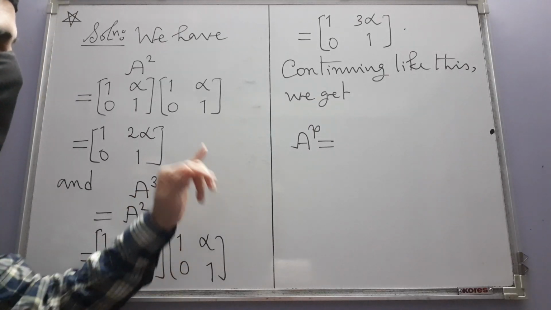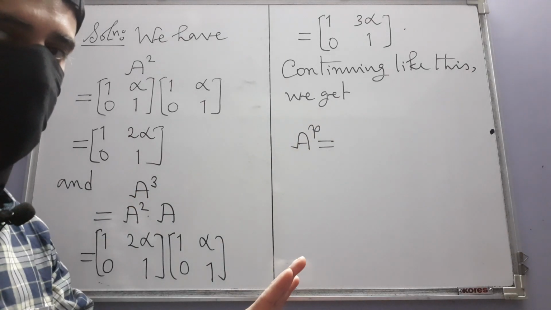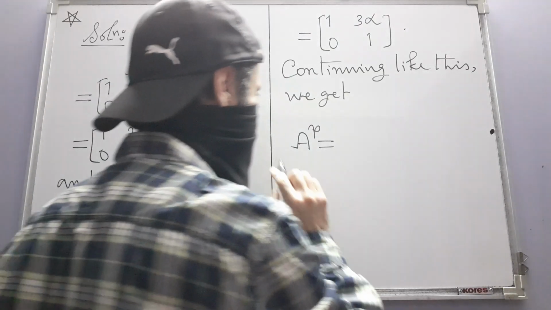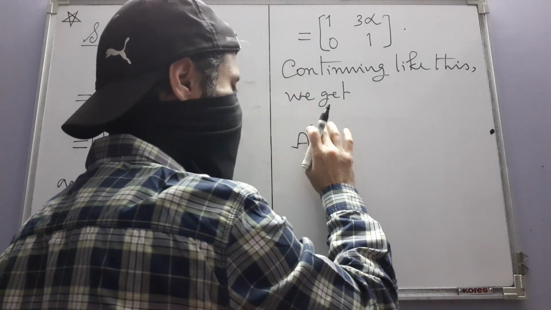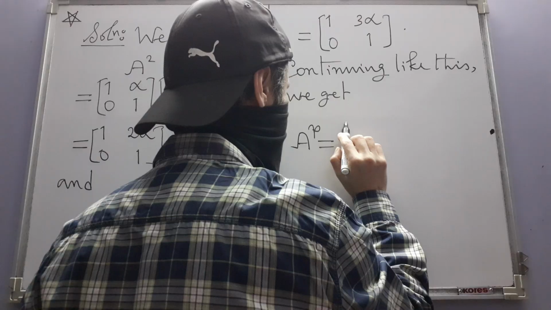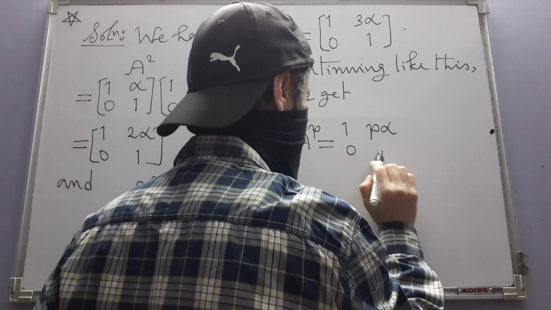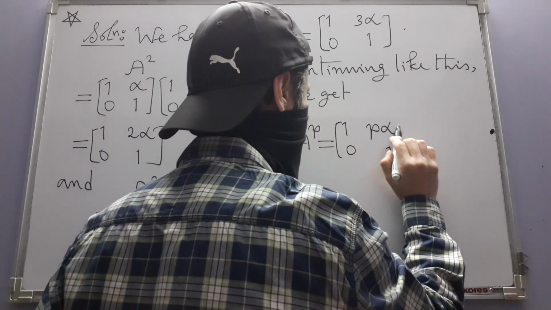So obviously 3 alpha and alpha are going to be added in the next one, so that will give you 4 alpha. In general, the pth power is going to look like this: 1 p alpha 0 1.